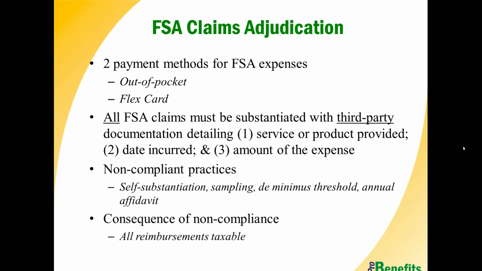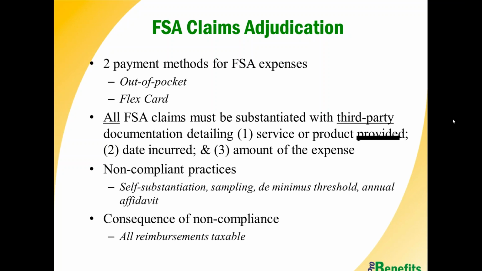in terms of why we ask for documentation, the main reason is that all FSA claims must be substantiated with third-party documentation. So every single claim, whether it's out of pocket or a flex card claim, must be substantiated by a third party that details the service or product provided, the date that service was incurred, and the amount of the expense.